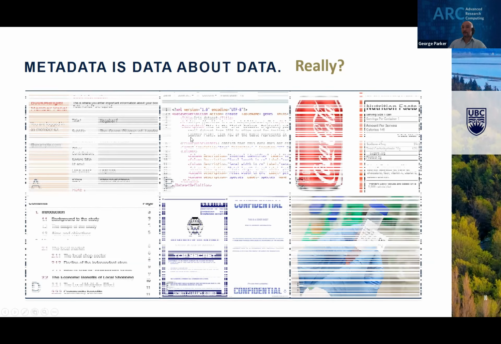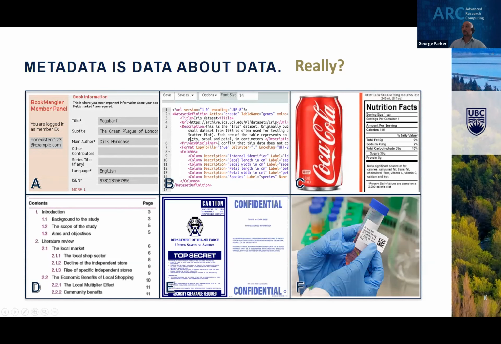But before that, I'd like to give you a little poll. All you need to do is to say which one is metadata and which one is not. A, you have some information about a book, including book title, author, language, ISBN number.